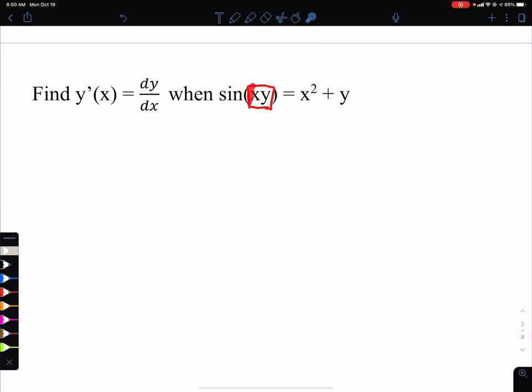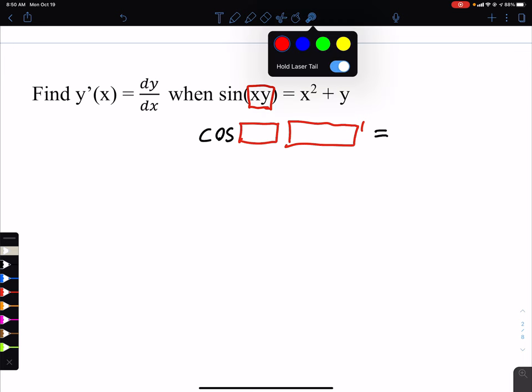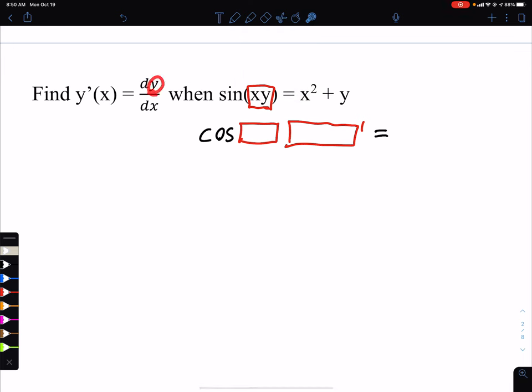I have sine of box, just like the chain rule in the last chapter. So what is the derivative of sine of box? That's going to be cosine of box times the derivative of box, and that's going to take some space, so I gave myself some room. On the right side, 2x. Remember, y is your function. X is your variable.